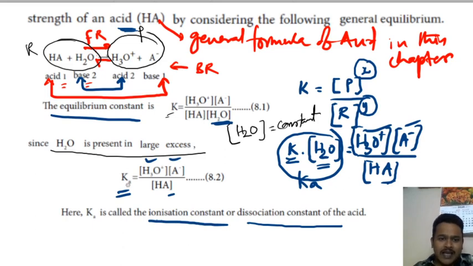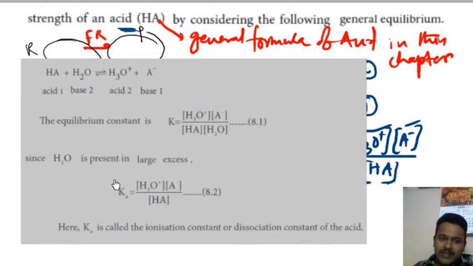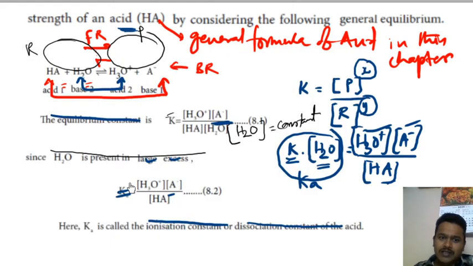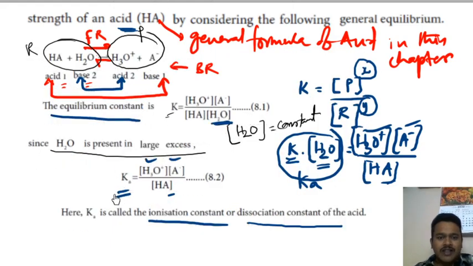See, when this Ka will be more, whenever this value is more, observe everybody. Whenever this value is more, mainly what is there? H3O plus.